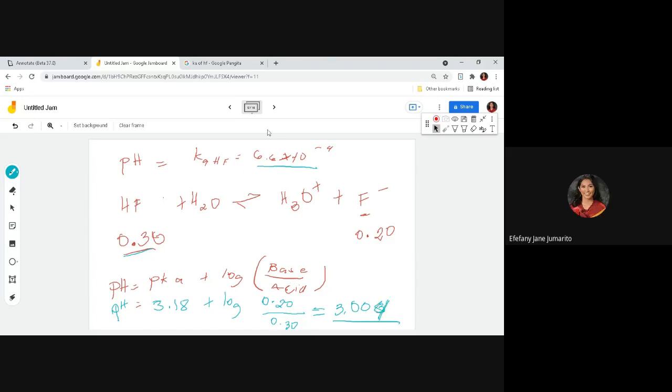So that's the pH if we don't add something. Now, what if we add 0.60 mole in 1 liter of NaOH?